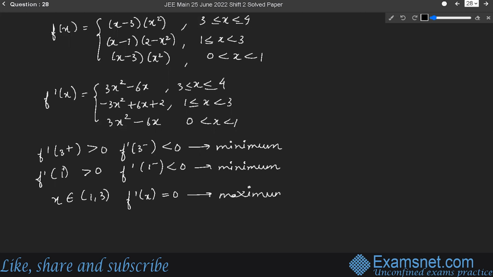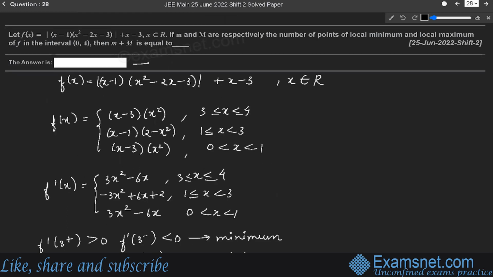It is only possible at one point. Here, x belongs to (3, 4) and f dash x will not be equal to 0. Also, when x belongs to (0, 1), f dash x is not equal to 0. So, we can say that in total there are 3 points. Hence, the correct answer is 3 because there are 3 points.